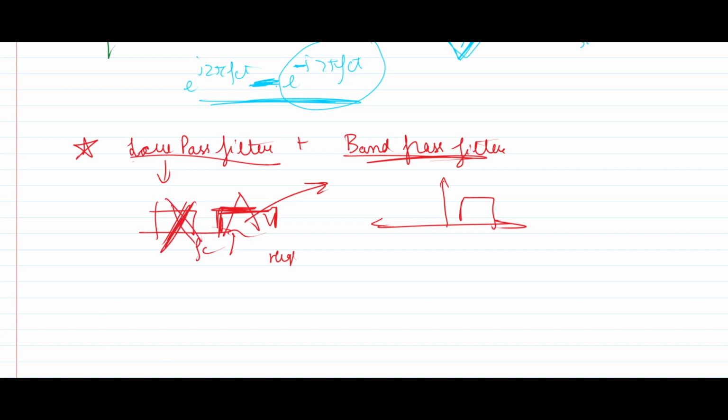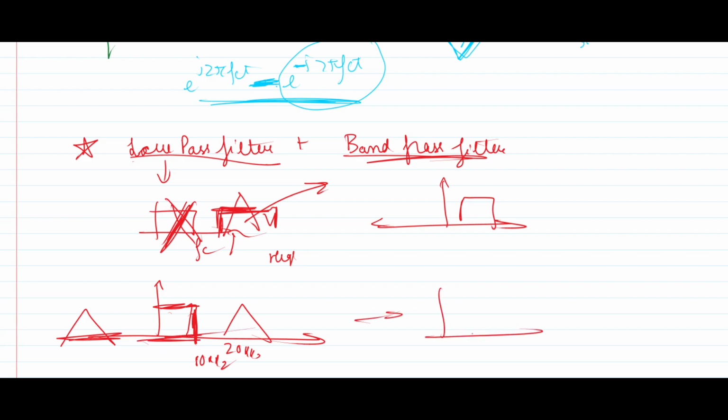Okay, so I will tell you, like, this is the signal that you have received, and you have a low pass filter which has a cutoff frequency of 10 kilohertz, but your signal starts from 20 kilohertz. So what will happen? All the signal before 10 kilohertz will be passed, which is 0, so you will obtain nothing. And similarly, if you have to pass the signal between 20 kilohertz to 40 kilohertz, you pass it through a band pass filter which is from 20 to 40, and your signal will be passed.